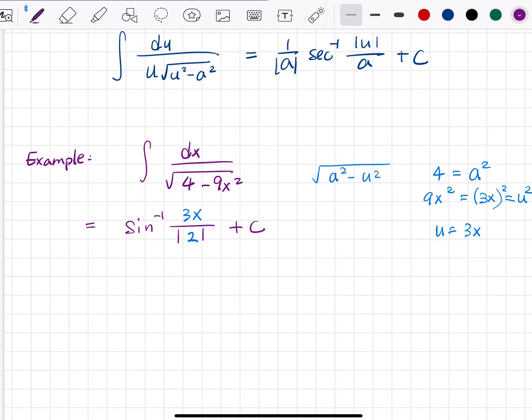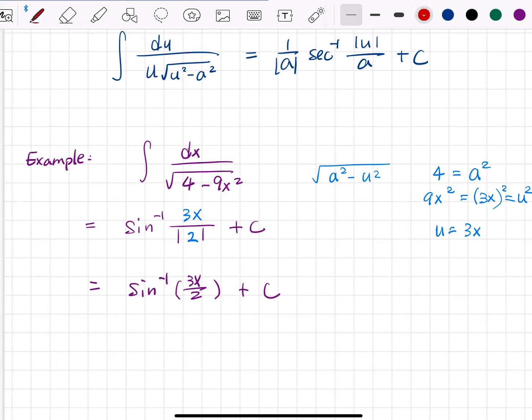So the final answer is going to be sine inverse of 3x over 2 plus c. You can see that there's not really too much to think about.